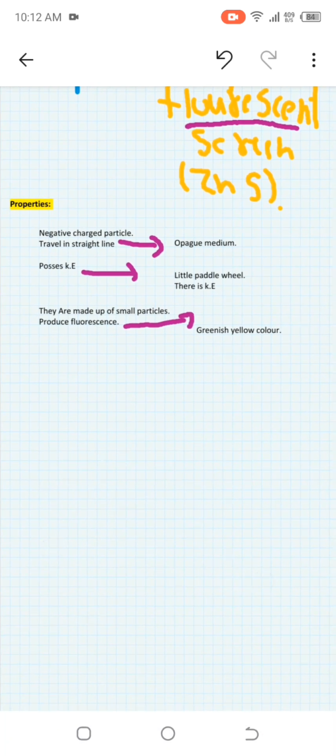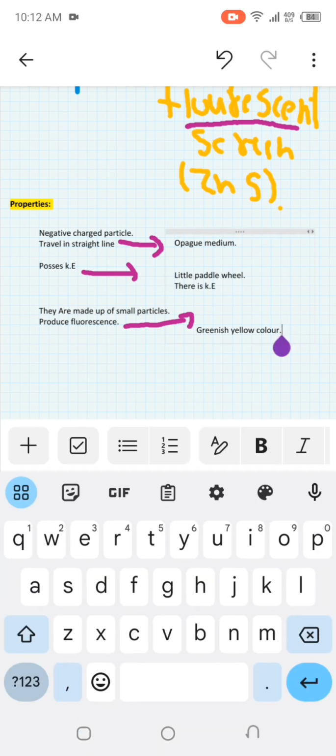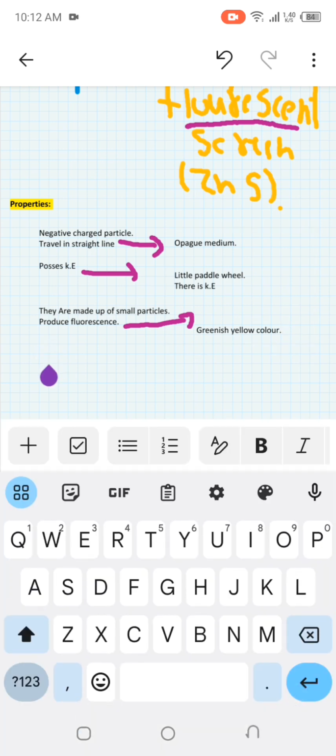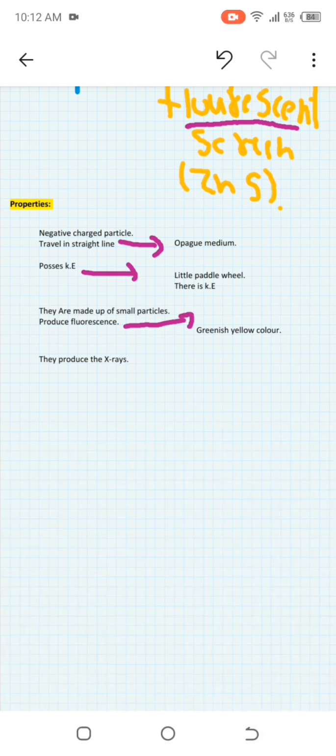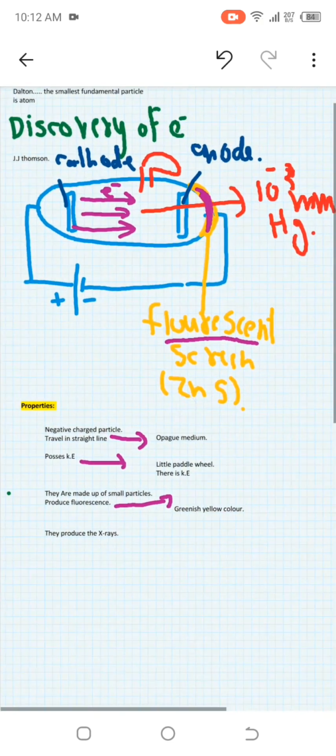They produced the X-rays. How? When the electron was moving from the cathode towards the anode, in between, the properties of both cathode and anode mixed up.